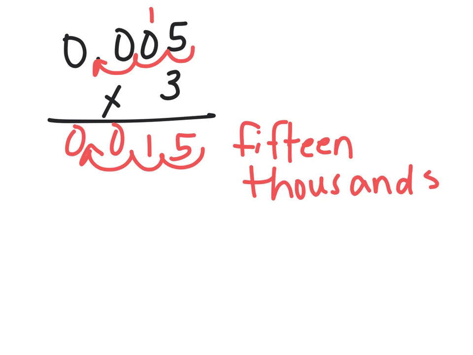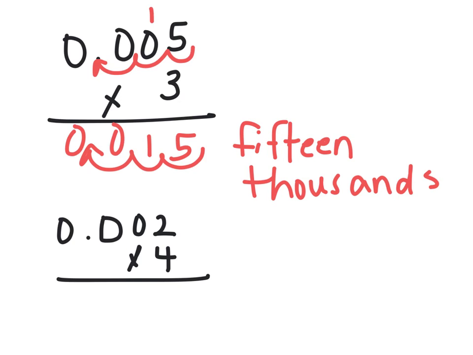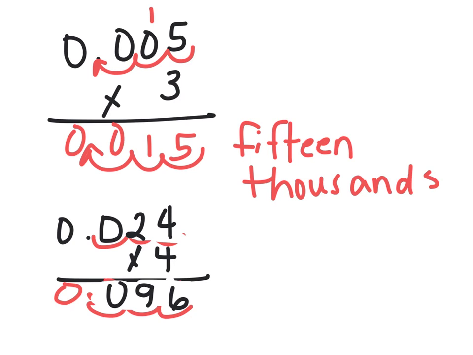Okay, let's try another one here. Let's try 0.024 times 4. And we have 8, 0, 0, 0. We count the decimal places. That's 1, 2, 3. And that answer is going to be, okay, I didn't write the right number down, so I apologize.